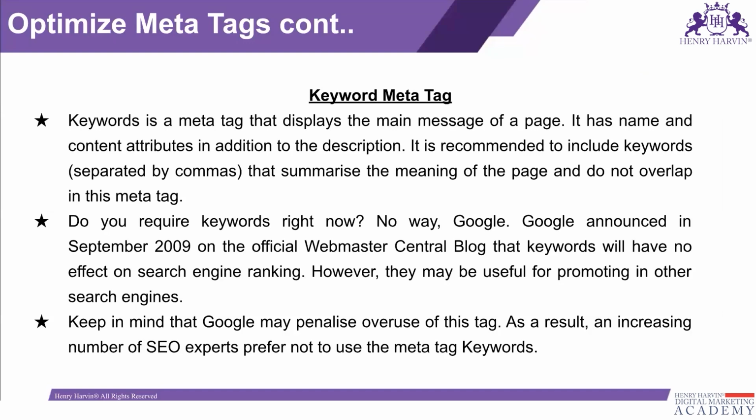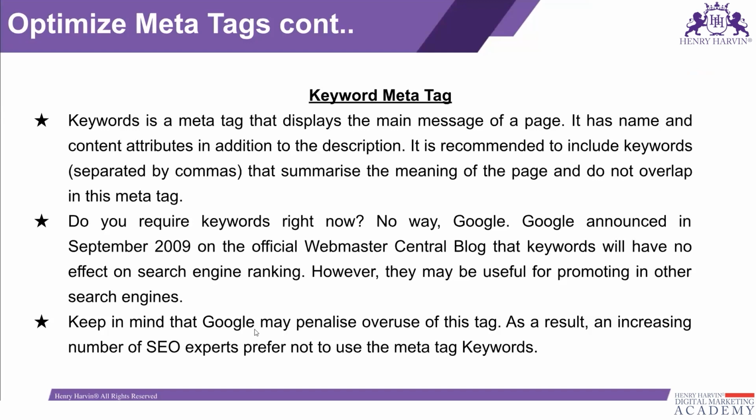As a result, an increasing number of SEO experts prefer not to use meta tag keywords. Definitely, so many SEO experts don't use this thing. They just focus on embedding the keyword in the content, and they don't find using meta tag keywords relevant. Okay, they just use it in the content, on the title tag, on the h1 tag.